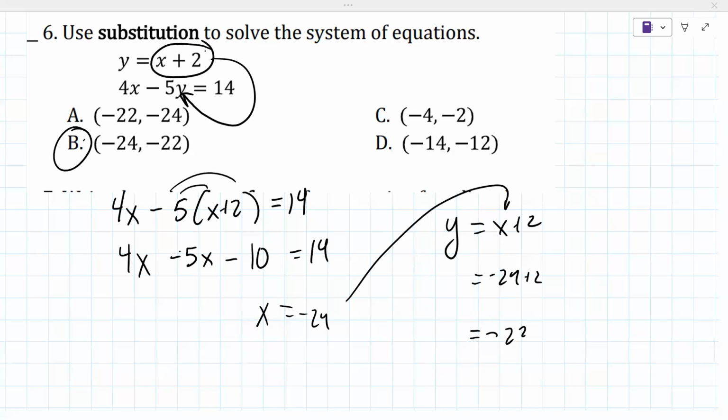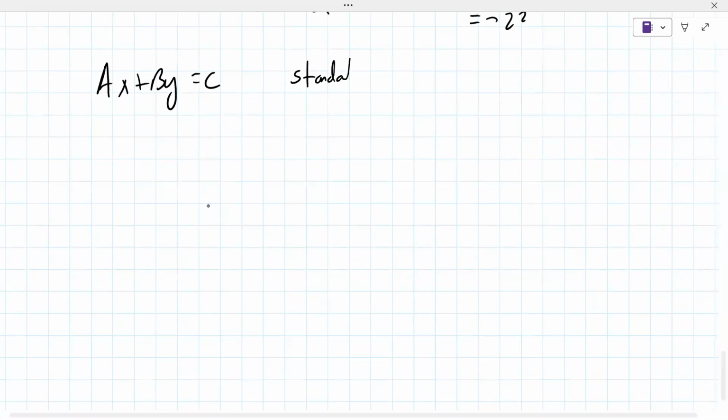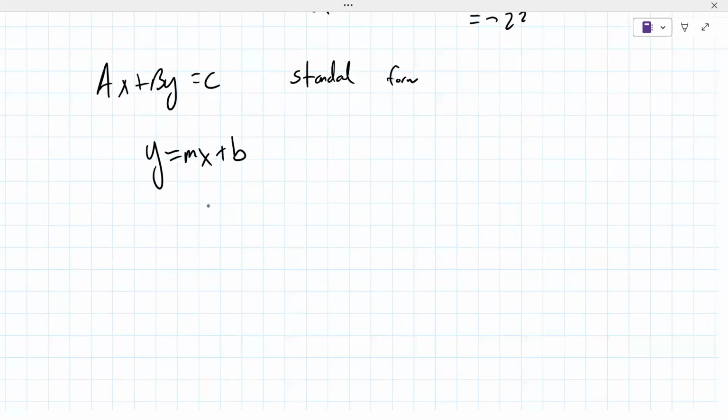No. Okay. So we're going to do just a little bit more with lines. So earlier we looked at one form of a line, ax plus by equals c. That's called standard form of a line. Okay. There's y equals mx plus b. That's called slope intercept form. Have you seen that before?